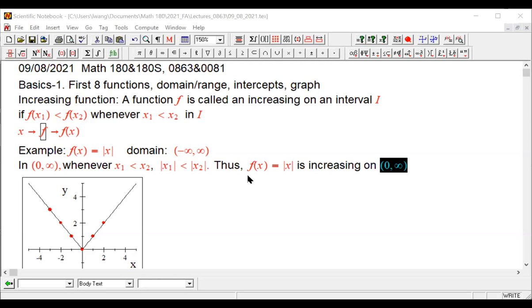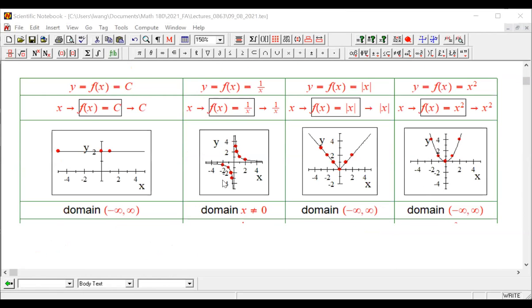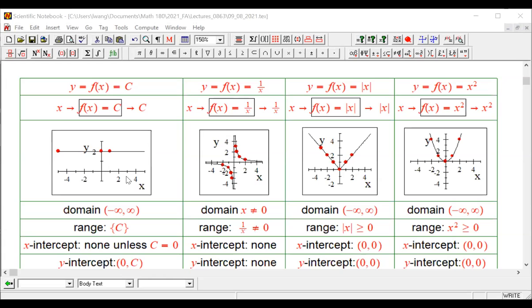One is less than the other. And for a constant function, that's certainly not true. They're neither less than nor greater than. They're equal to, right? So not increasing does not mean it is decreasing, and vice versa.